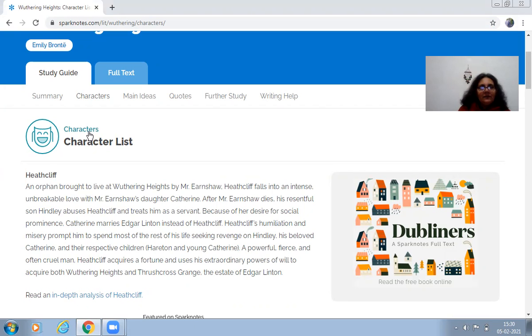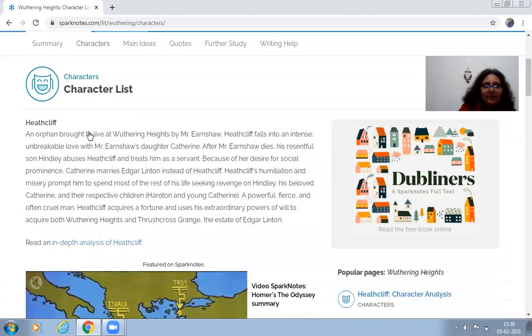And in the course of the novel, he acquires a lot of money and power so that he can control Wuthering Heights, where he was treated as a servant. Opposite to Wuthering Heights, there is another place which we call Thrushcross Grange, and Linton's family lives there.